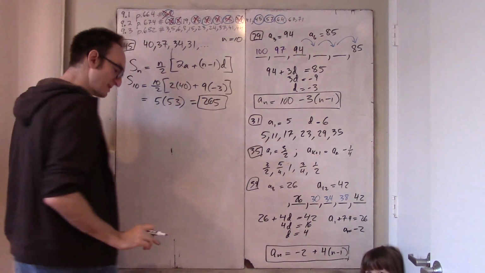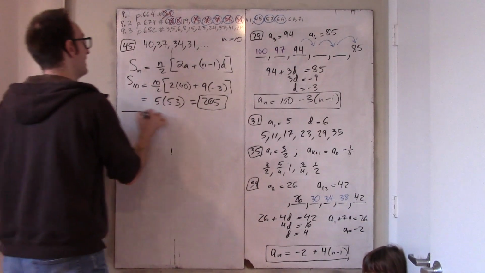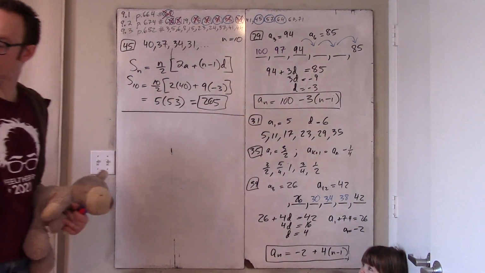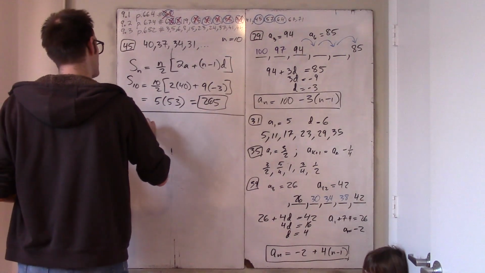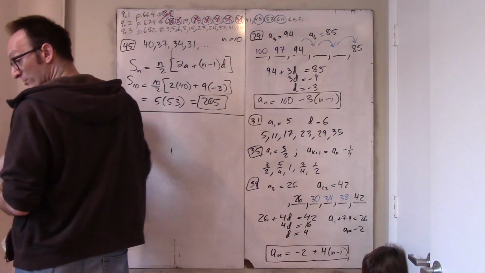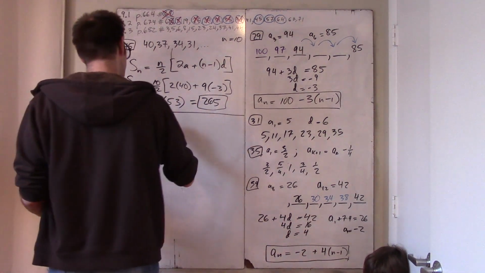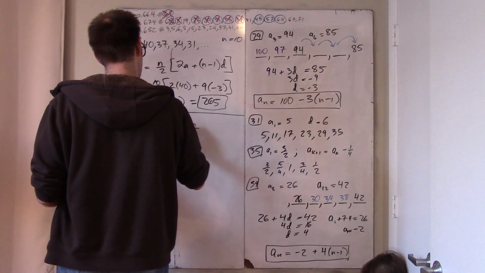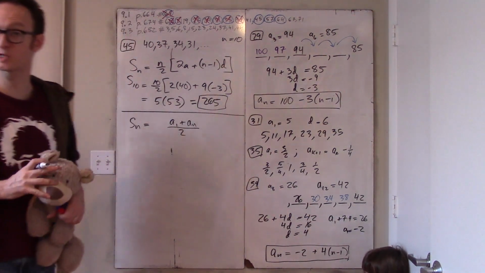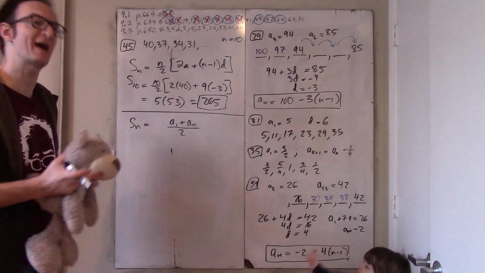Another way of doing this problem is to remember a different formula, which is arguably more intuitive: the sum of the first n terms is just the average of the first term and the nth term, times n. That tells you what the average term of this arithmetic sequence is.